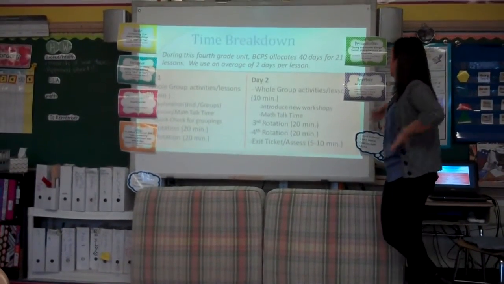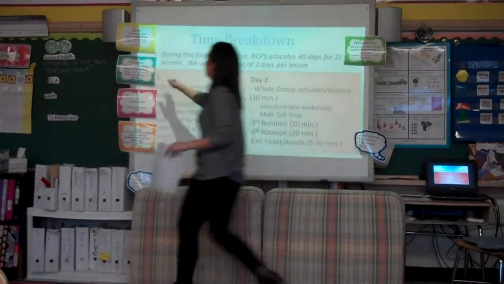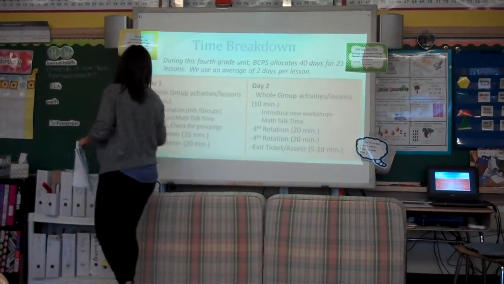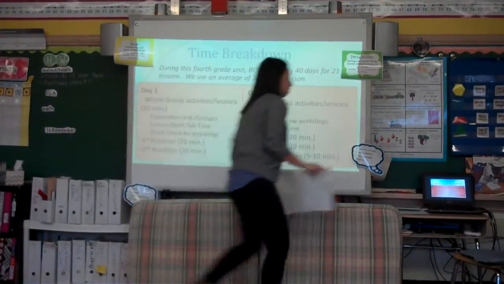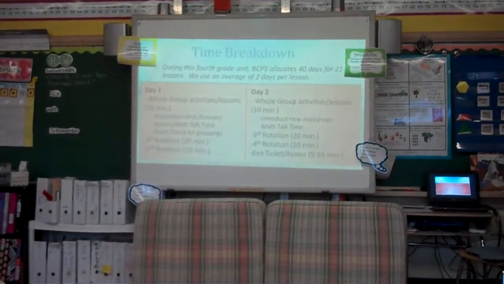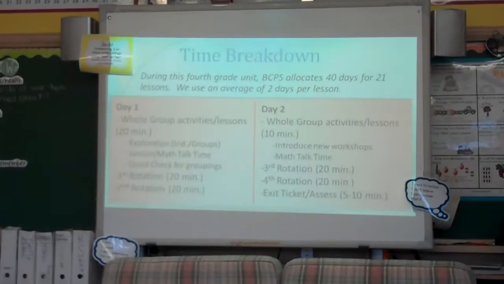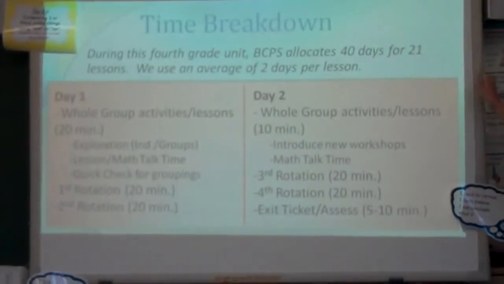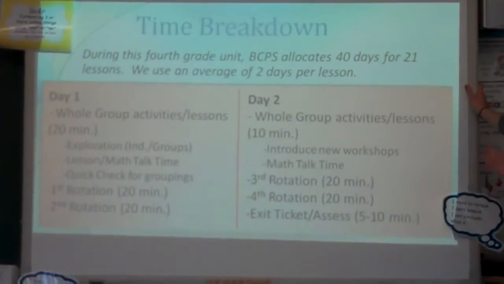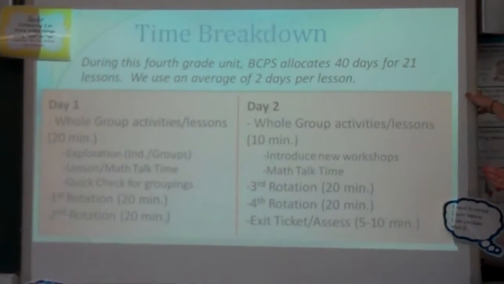This is the time breakdown for math workshop rotations in my classroom, because I am lucky enough, fortunate enough, in 4th grade we have 40 days, so there's only 21 lessons, so it's 2 days per lesson. So it works out really nicely.